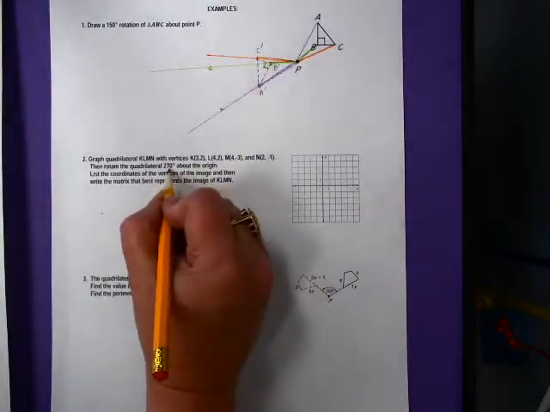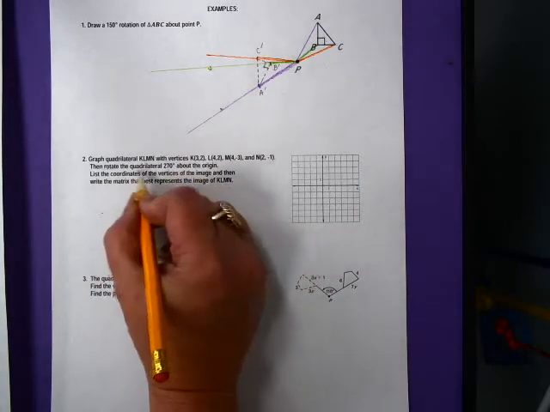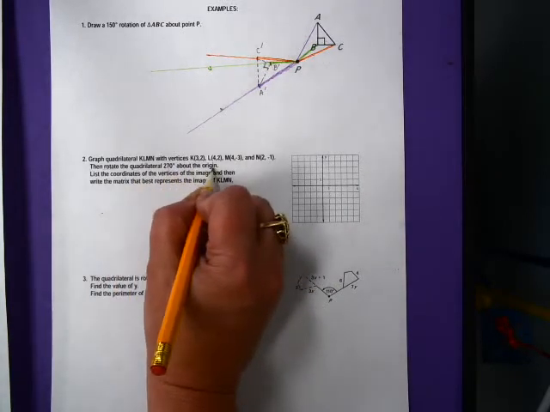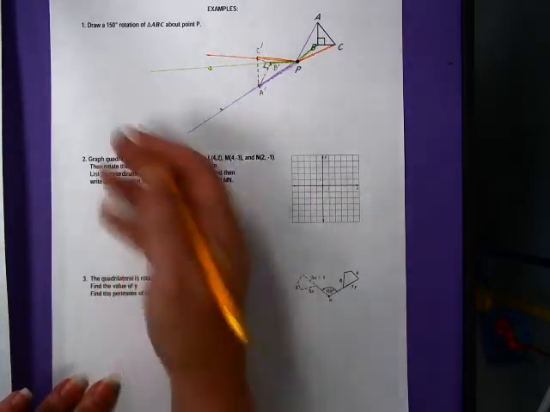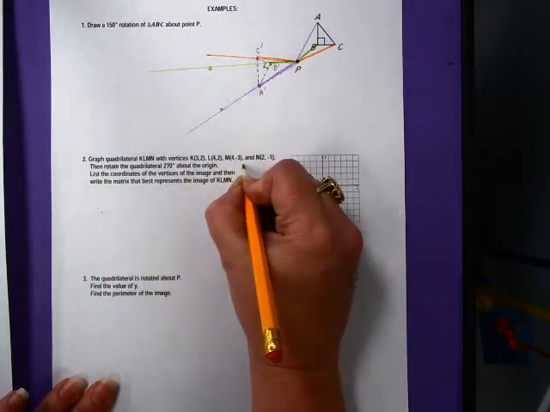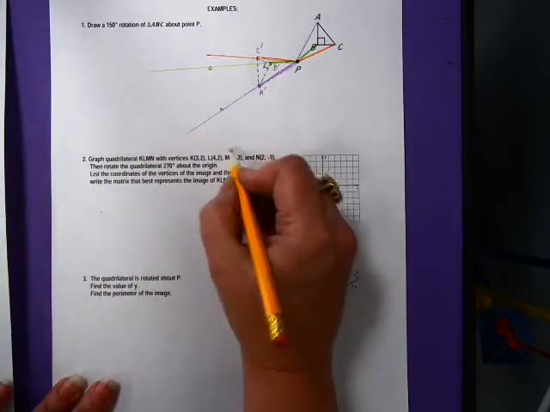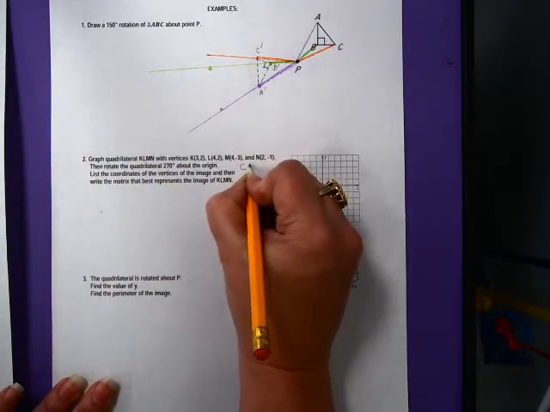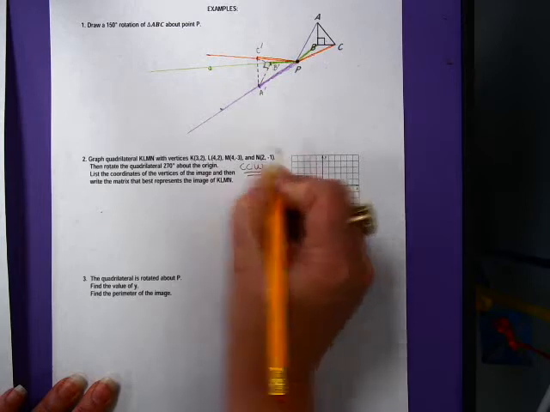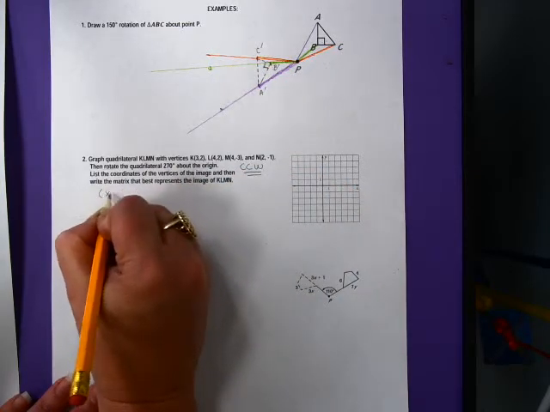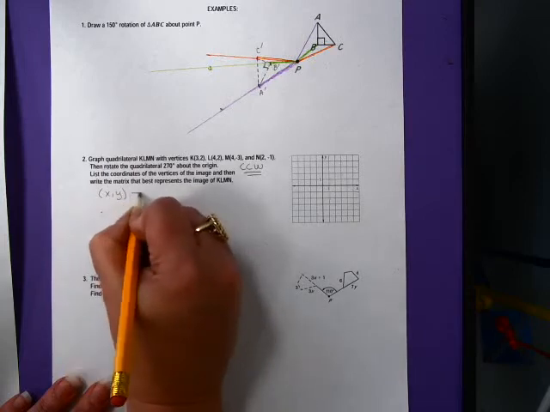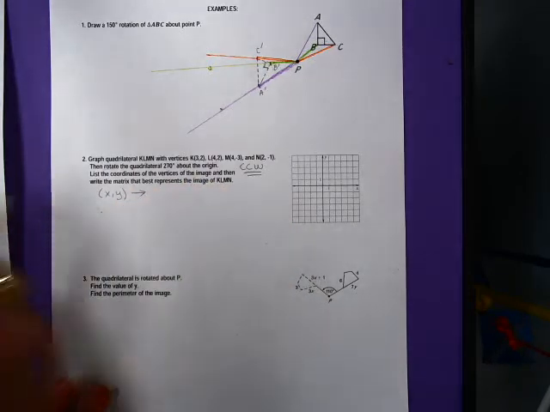We want to rotate 270 about the origin. It doesn't tell you which direction, so I'm going to choose counterclockwise because I have the rules for this. The rule is that if I have x, y, and I turn it 270, then I switch them, so this becomes y and this is x, but then I change the sign of the second one.